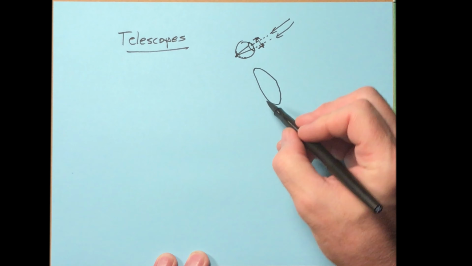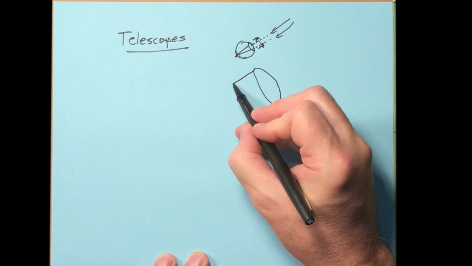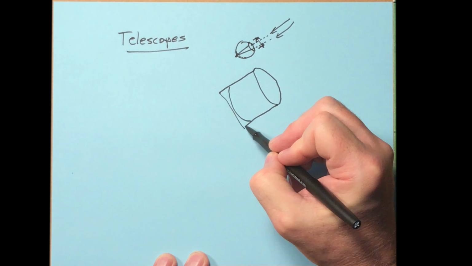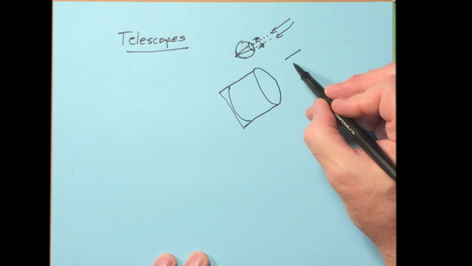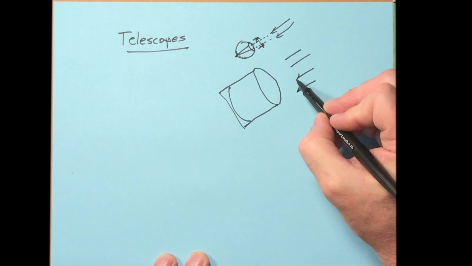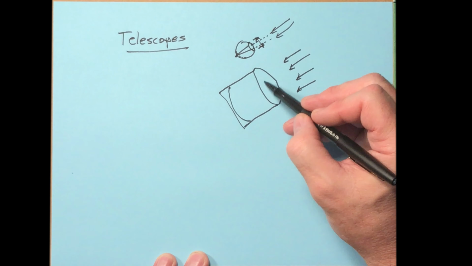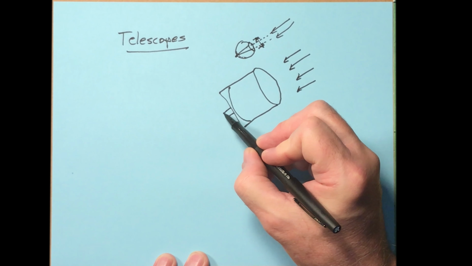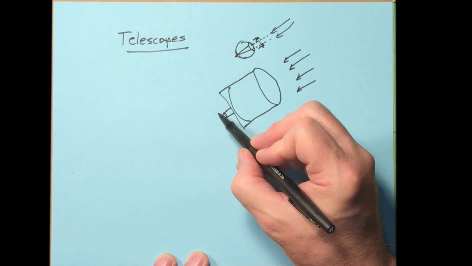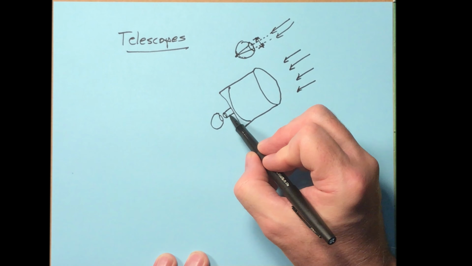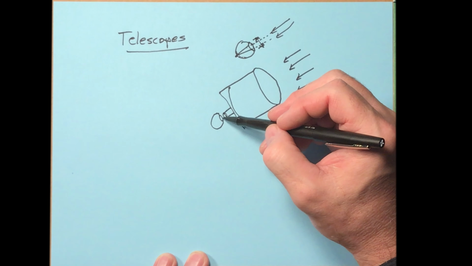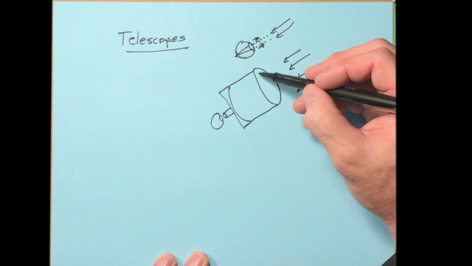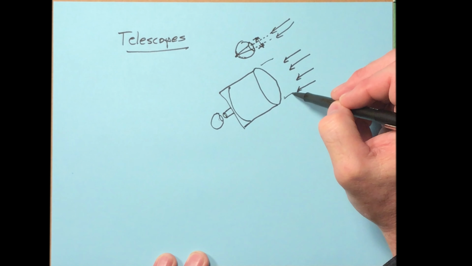Maybe this is the diameter of the telescope here, and back here we can place a concave mirror, and then light coming in from a very distant object can now pass through this, and then if you have it focused to a point back here, maybe put an eyepiece back here, then your eye can look through there, and you effectively change the diameter of the iris that allows the light to come through to be this size.